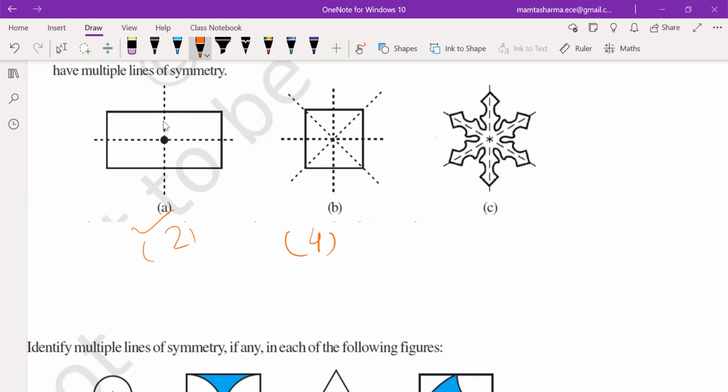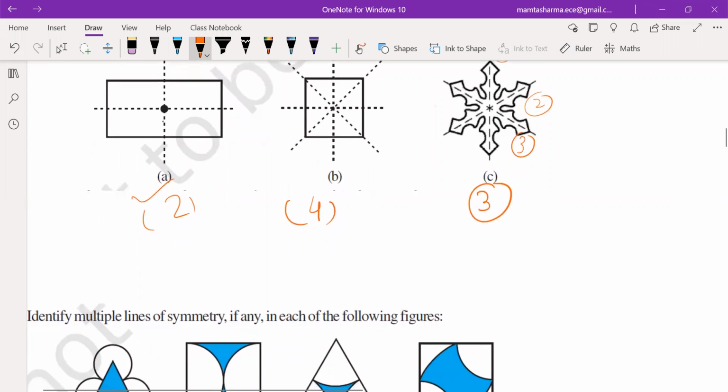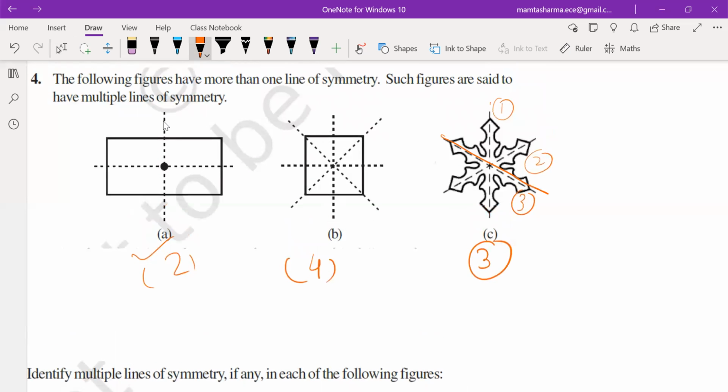There are 4 in a square. In this shape, how many lines of symmetry are there? Ma'am, 4. 1, 2, 3. Only 3. Clear?